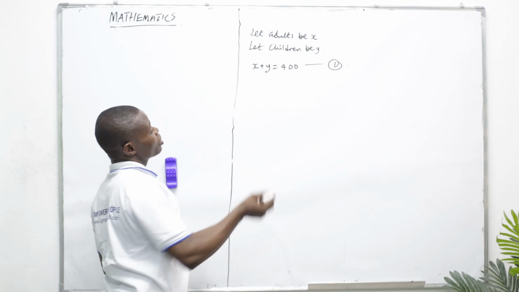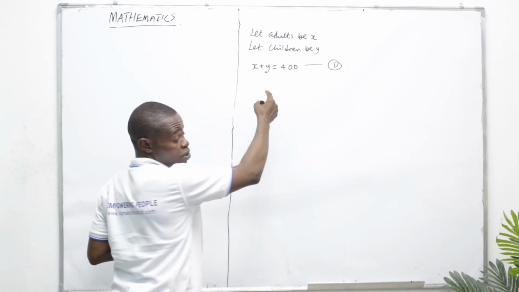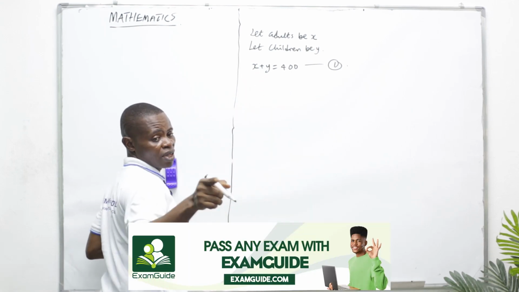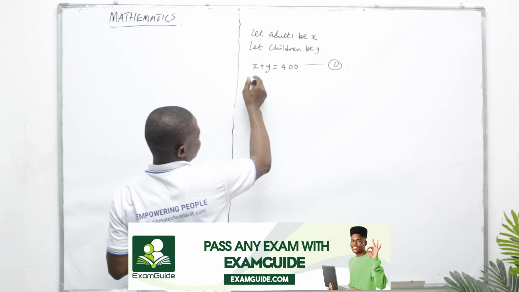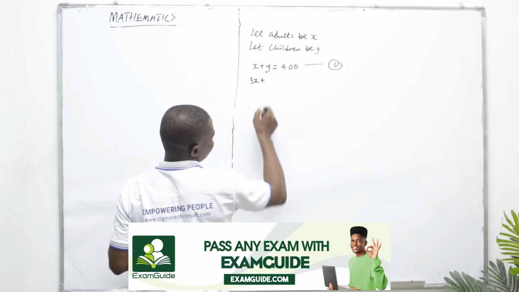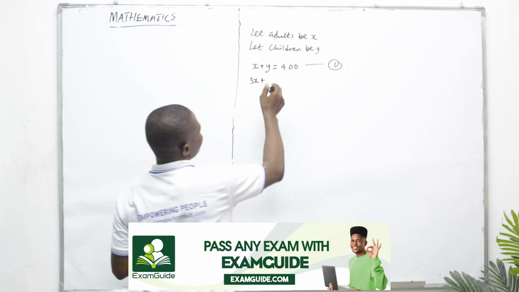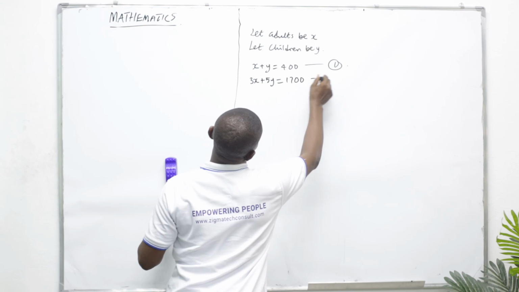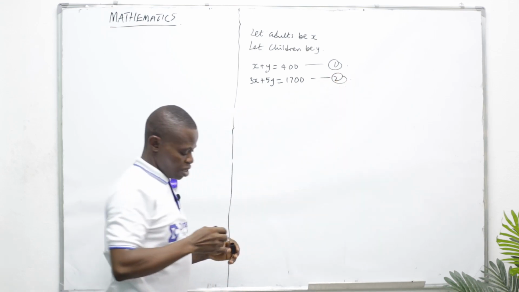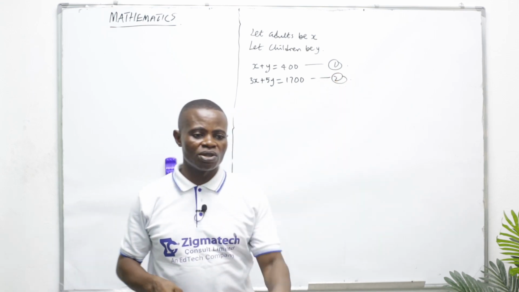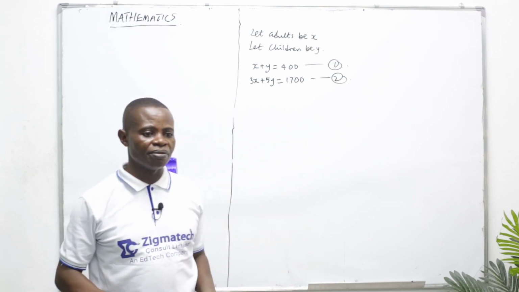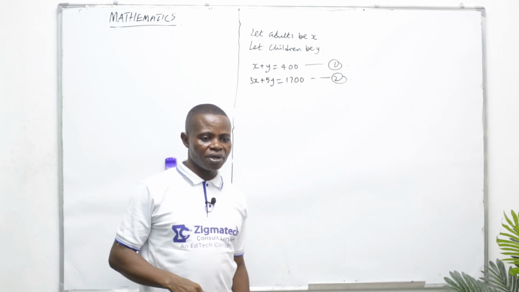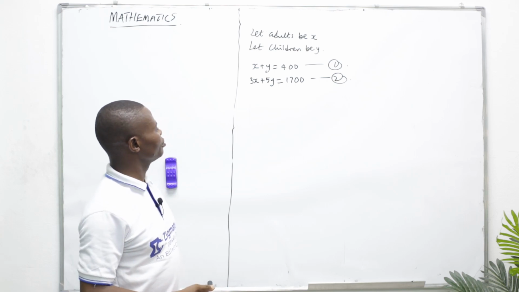So since we have decided to use this in order to form a perfect simultaneous equation, that 3D will be converted as 3S. The other one is what? 5Y equals 1,700. Call it equation 2. You can see that you have a perfect simultaneous equation at this point in time.